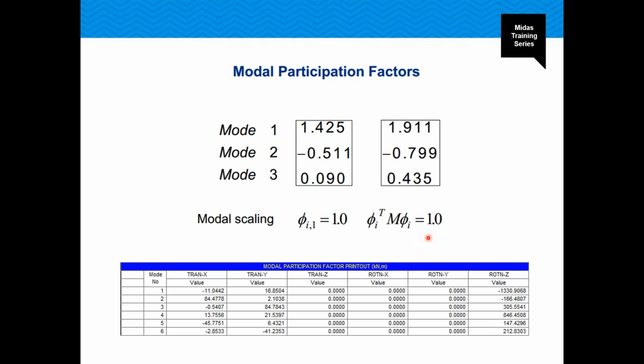In Midas, the modal participation factors are calculated based on the unit setting at the time when the analysis is performed. After analysis, the calculated modal participation factors will not change although different units are selected by the user. If you need to see the correct values of modal participation factors, you should perform the analysis again after changing the unit system.